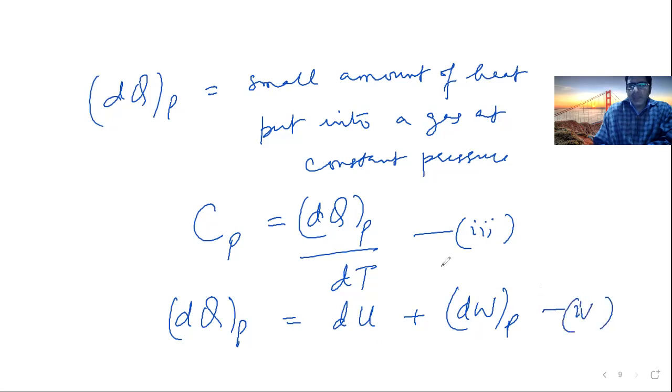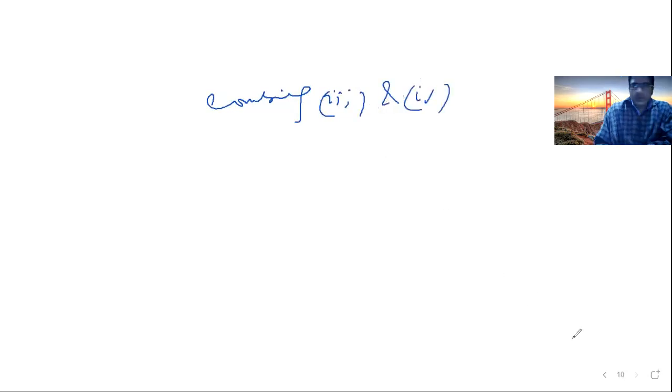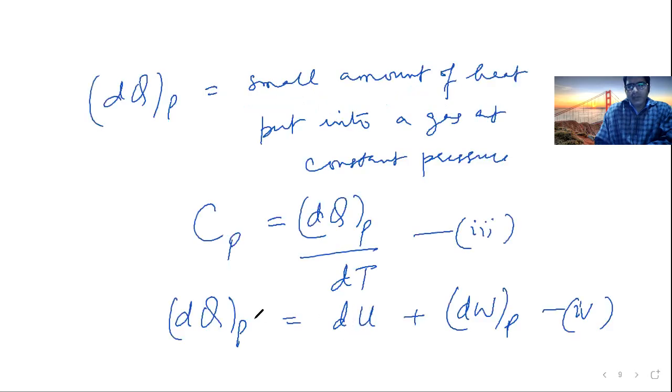So if I combine third and fourth, instead of this dqp, I will write dU plus dw.